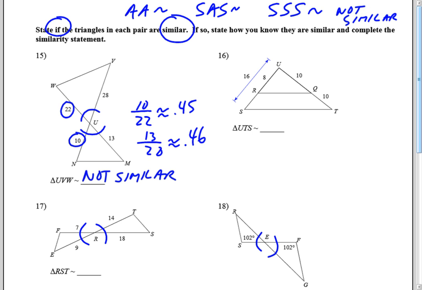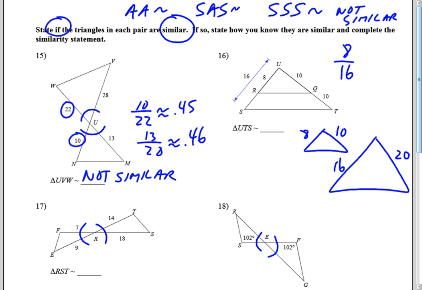Redraw. Small, large. That's great. I figured out that I've got 2 sides, but there's nothing over there that's SS. I've got to have either another side or another angle.